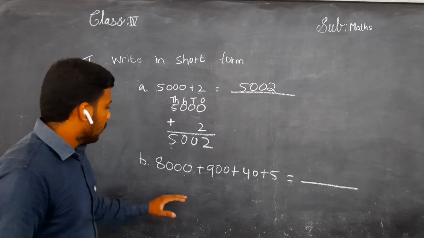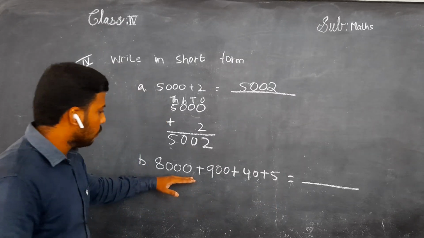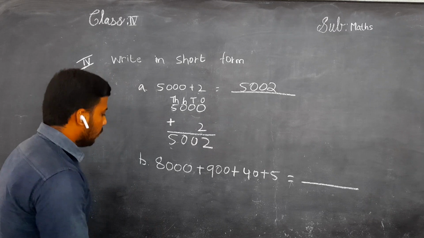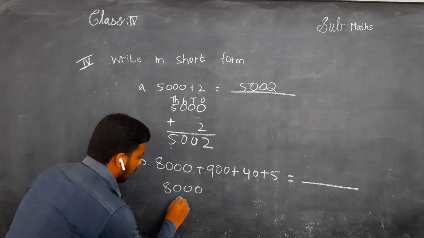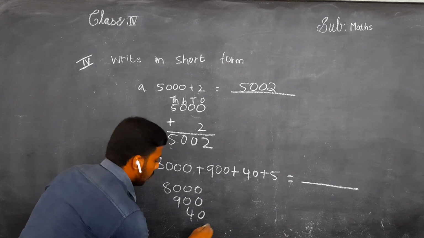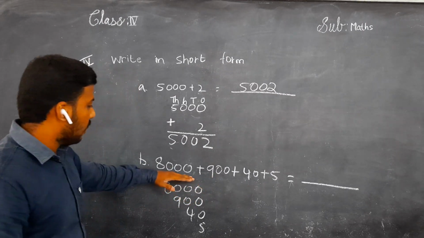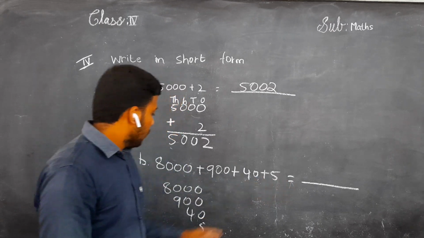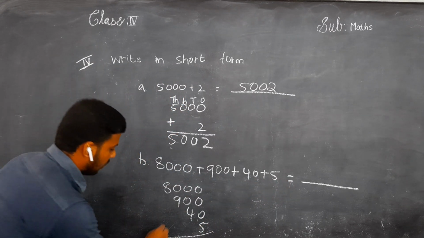The next one. See, there is a multiple series of numbers here: 8940 and 5. Again, we have to take 8945. See, by looking at the digits, there are 4 digits, 3 digits, 2 digits and 1 digit. By writing like this, we will get the overall form. Understand, children?